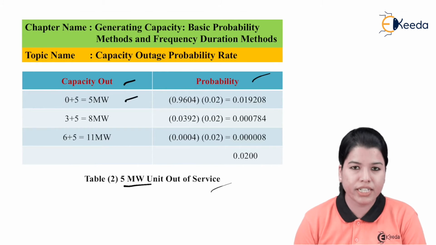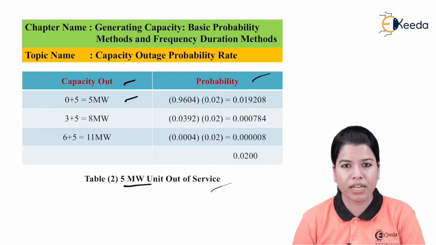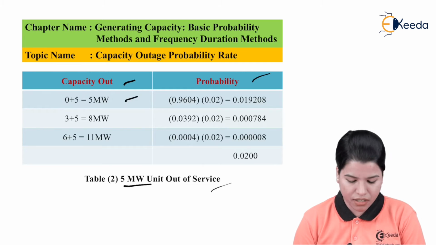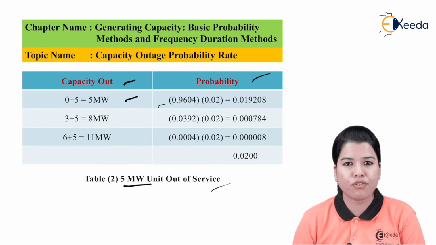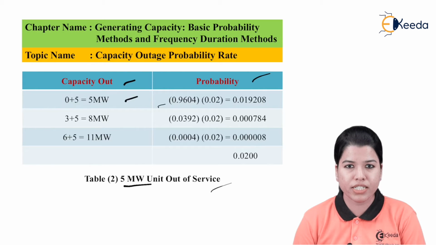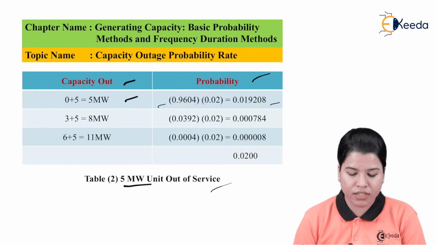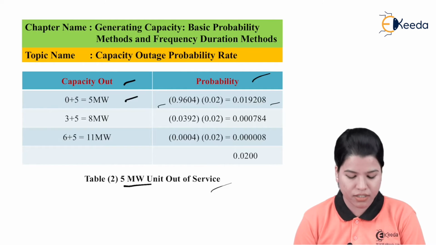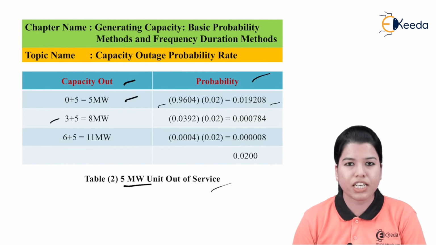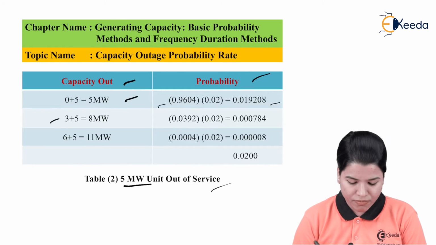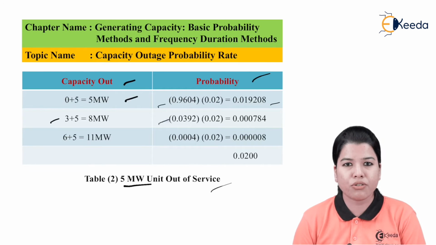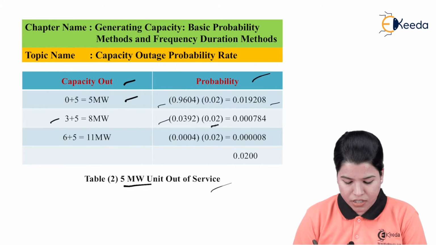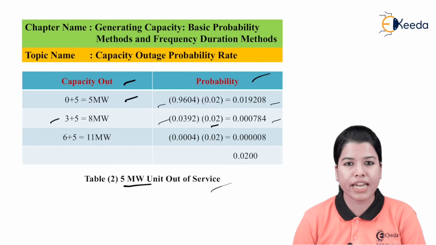For the first case, that is 0 plus 5, that is 5 megawatt, the probability is given by 0.9604 multiplied by 0.02, which is equal to 0.019208. Similarly, for the second, the capacity is 3 plus 5, that is 8 megawatt, and the probability is 0.0392 multiplied by 0.02, which is equal to 0.000784.